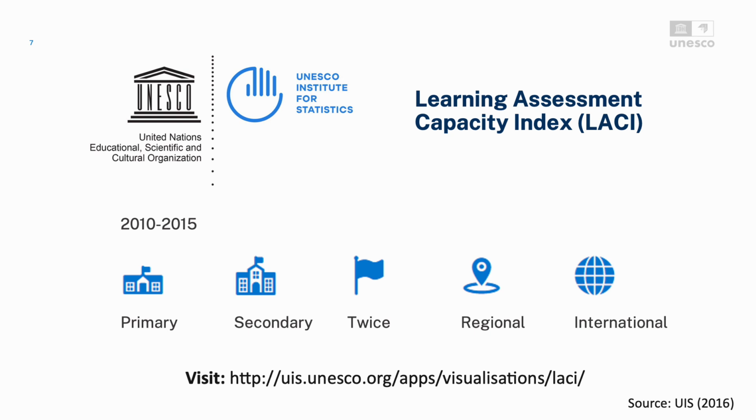Did the country conduct a national assessment at the secondary level? 3. Did the country use national assessments to measure learning at 2 points of time in both primary and secondary levels? 4. Did the country participate in a regional assessment at the primary or secondary level? And finally, 5. Did the country participate in an international assessment at the primary or secondary level? Each question is rated as either 0 or 1, leading to a scale ranging from 0 to 5.